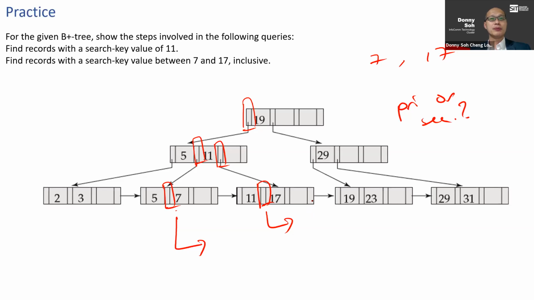This is probably a primary index, because if I can return the start pointer and the end pointer, and I can search all the values in between, then probably this is a primary index.